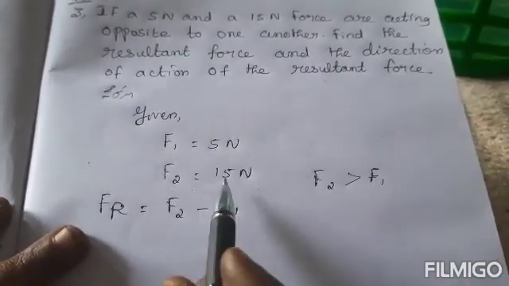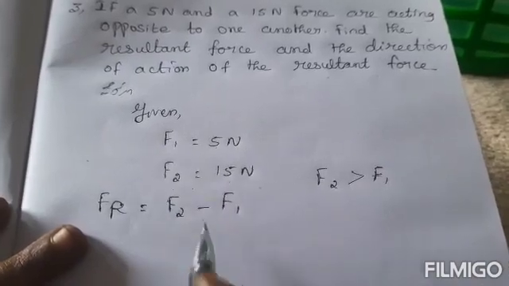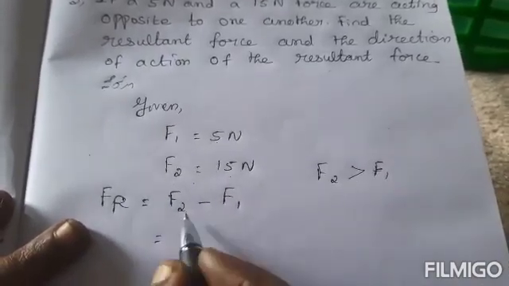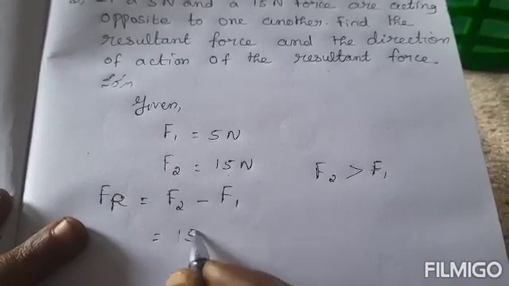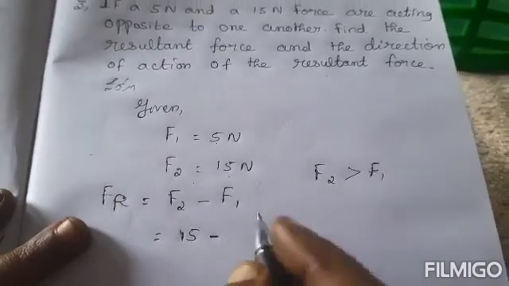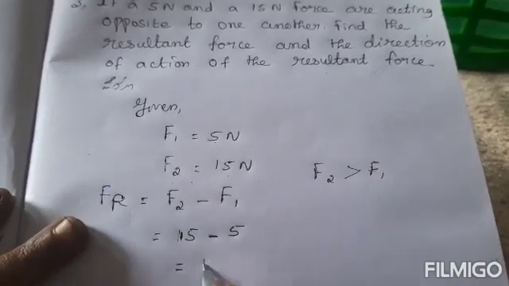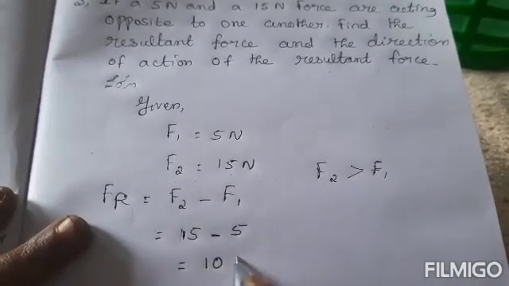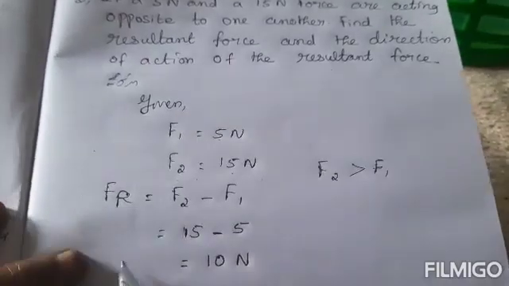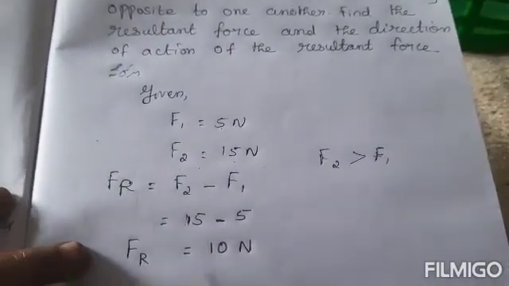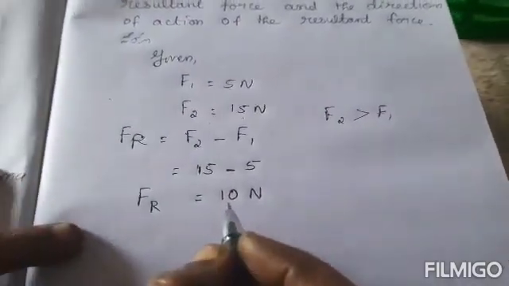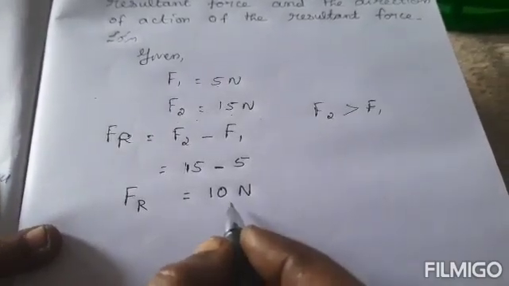Because F2 force is greater when compared to F1. So you have to subtract the value. F2, what's the value? 15 minus F1 value 5. So you have to subtract 15 minus 5, 10. What's the unit of force? Newton. 10 Newton. So F resultant equal to 10 Newton.